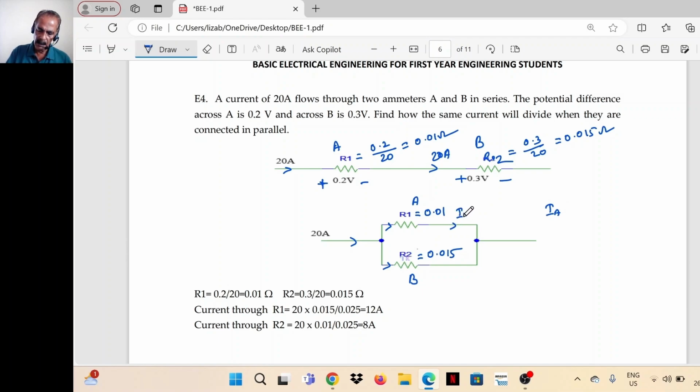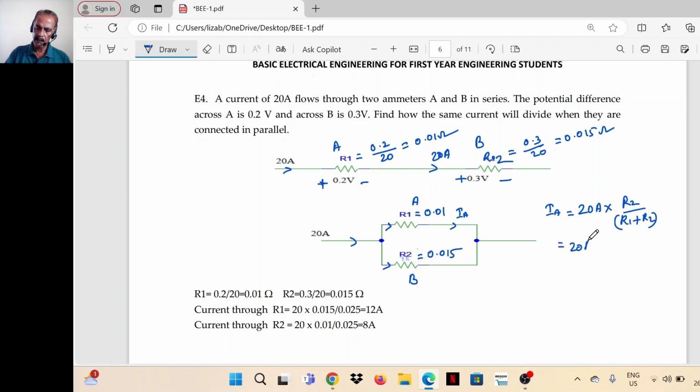IA is equal to, let's use the current division formula, 20 ampere into the resistance on the opposite side, that is R2 divided by R1 plus R2.